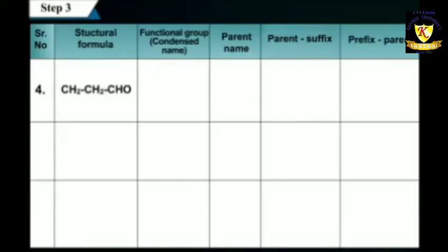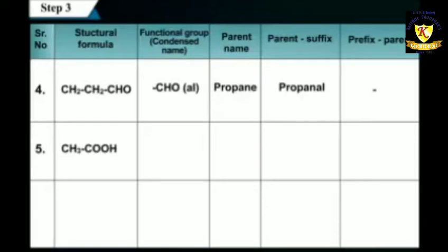Next, CH3CH2CHO. Functional group CHO, that is al. Parent name propane. Parent plus suffix: propanal. Next, CH3COOH. Functional group COOH, that is oic acid.